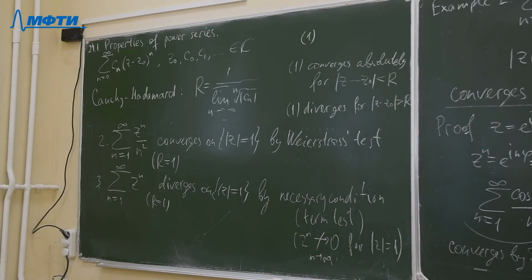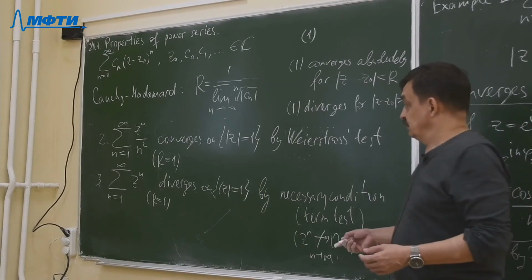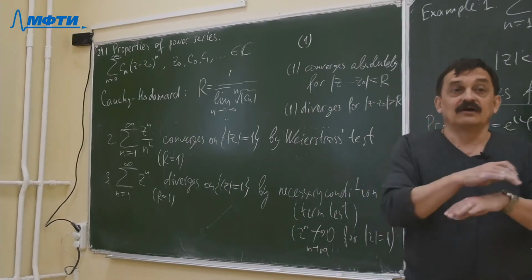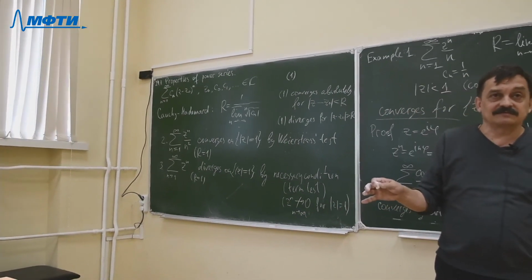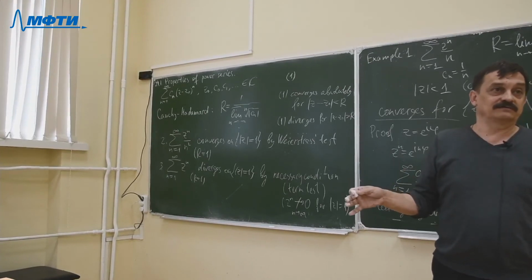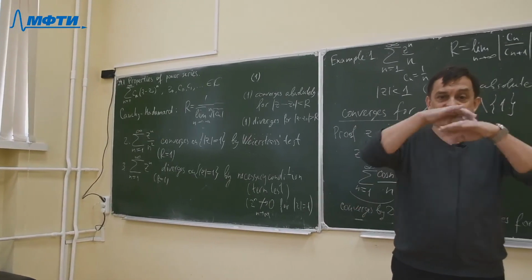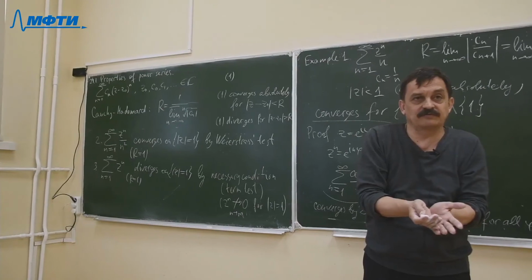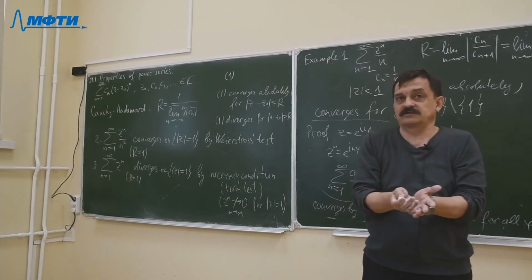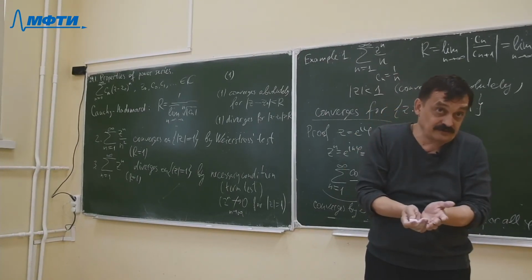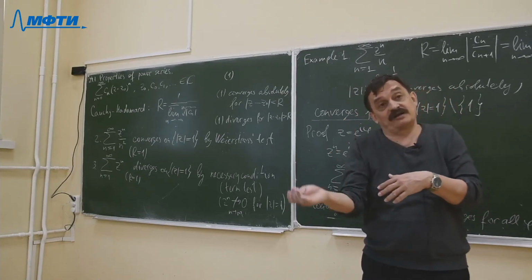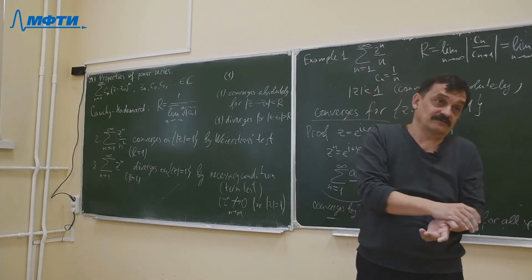Because the modulus is 1, it cannot tend to 0. So, you see, all possibilities may happen, right? Convergence everywhere in the circle of convergence, divergence everywhere in the circle, and somewhere diverges, somewhere converges.